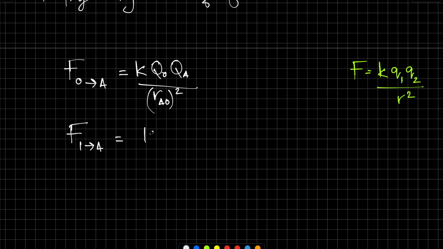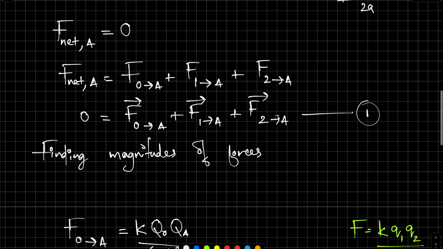That is K, charge number 1, Q1, absolute values, I ignore the negative sign, and charge A, which is QA, divided by the distance between 1 and A, the whole squared.